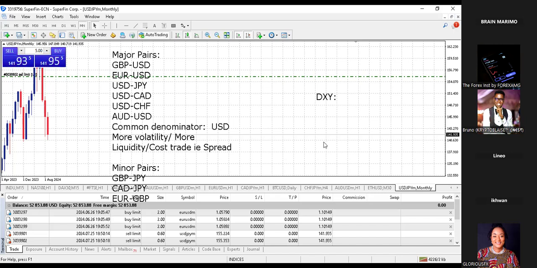Okay. Now, remember, I said you can look at all these currencies individually as well. So, for example, we know that's the dollar index, DXY.